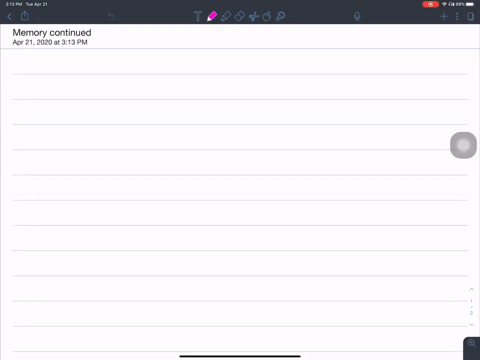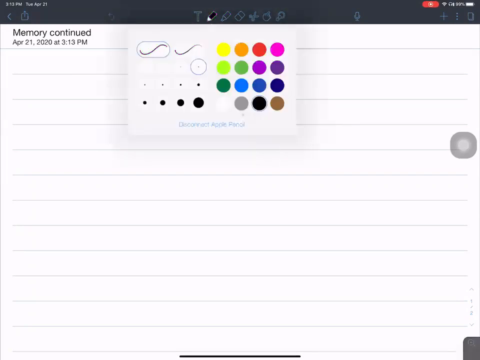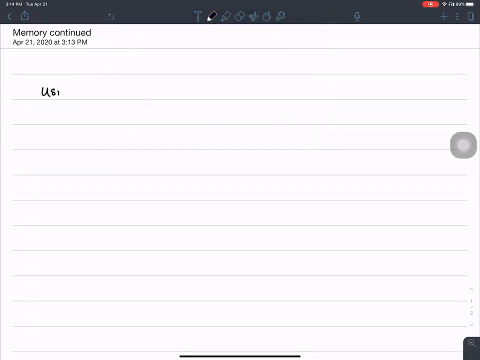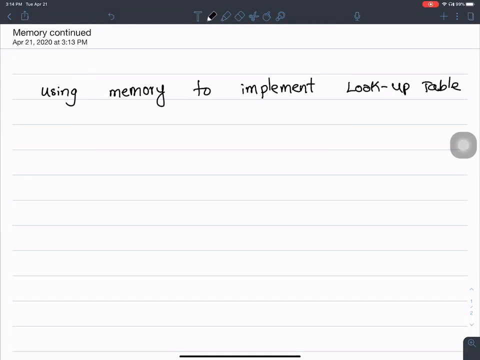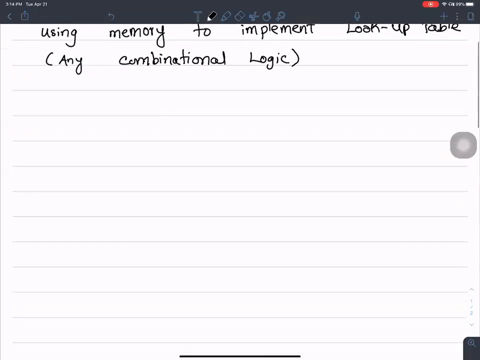We are going to continue with the idea of using memory to implement a lookup table, or in other words, any combinational logic. Let's say I have a memory that looks like this.